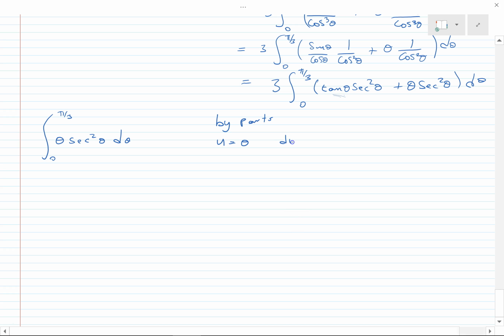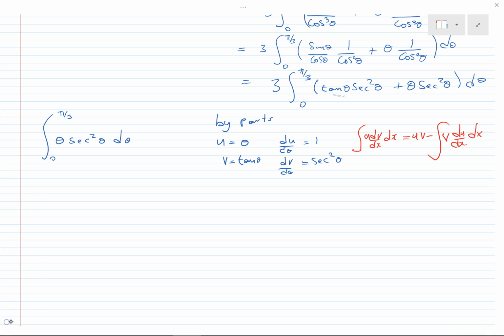So that gives me du by d theta equals 1. And then let dv by d theta equal the other bit, that's sec squared theta. And then we get v is the integral of sec squared theta, which is tan theta. And the way the formula goes, it's in the formula book. That's the integration by parts formula. It's in the formula book, as I said, and we've set it up nicely here.